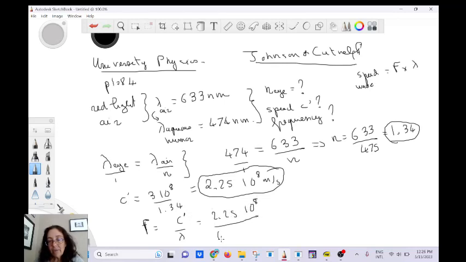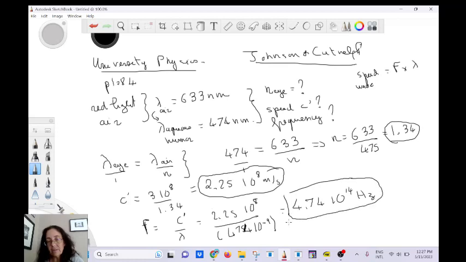Here I have to be very careful because I have to convert. So that's going to be 474 times 10 to the negative 9. And if you do the math, you get something times 10 to the 14. If you have visible light, you always have that kind of frequency: 4.74 times 10 to the 14.